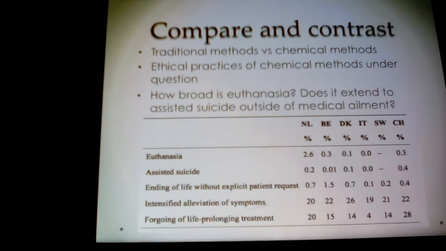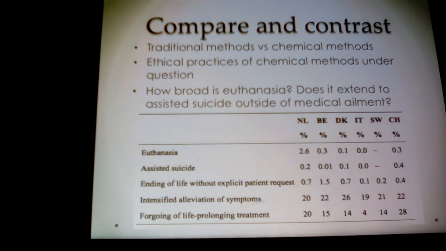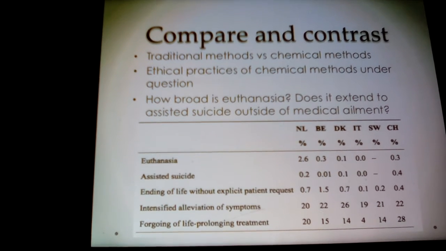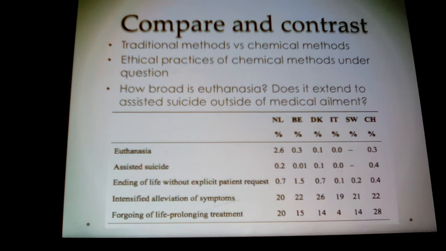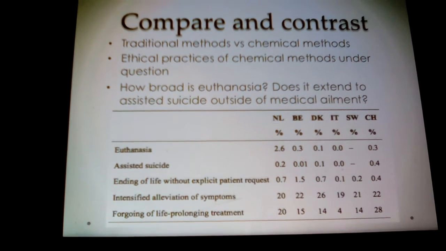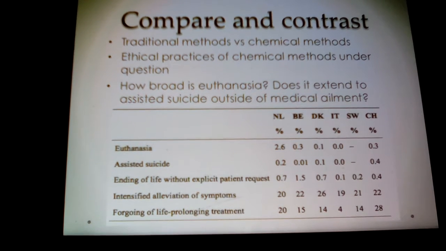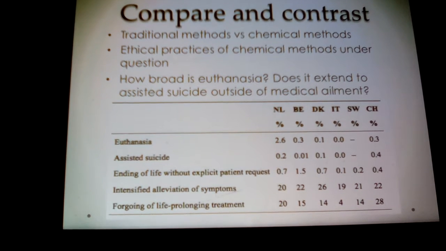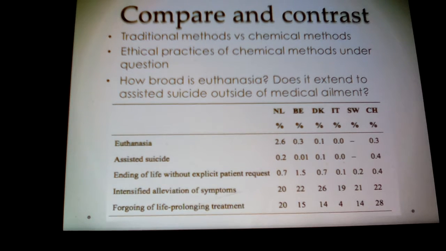So if we were to compare and contrast the traditional methods and the chemical methods, we can look at it over here. The traditional methods are the methods where you simply remove someone from life support, or the methods used in the 1990s with the opioids and the muscle relaxers, compared to the chemical methods used with the CO2 displacement and the sodium pentobarbital.